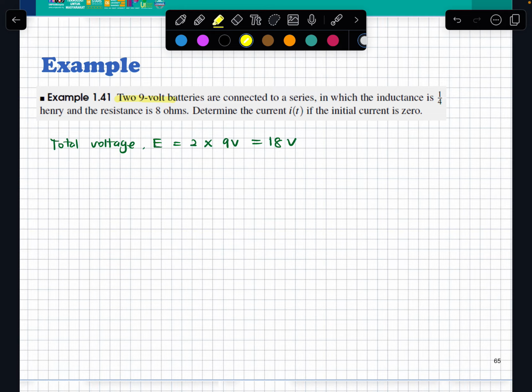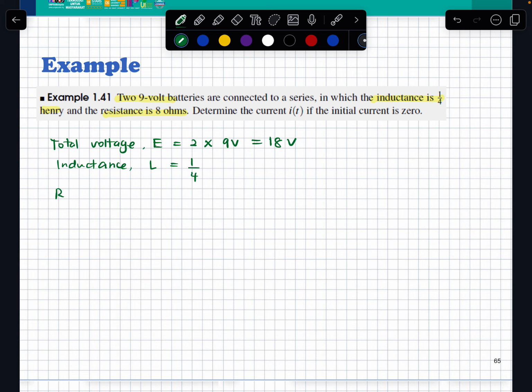And then from this sentence, inductance is 1/4 henry, so you obtain the parameter L. L represents inductance, L is 1/4. Next, resistance is 8 ohms.